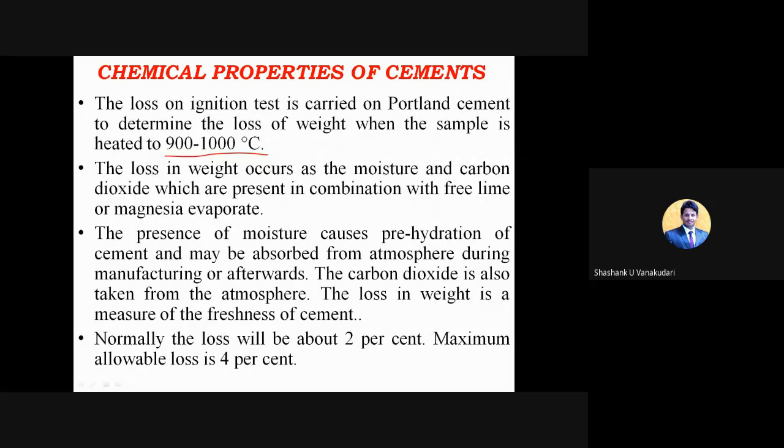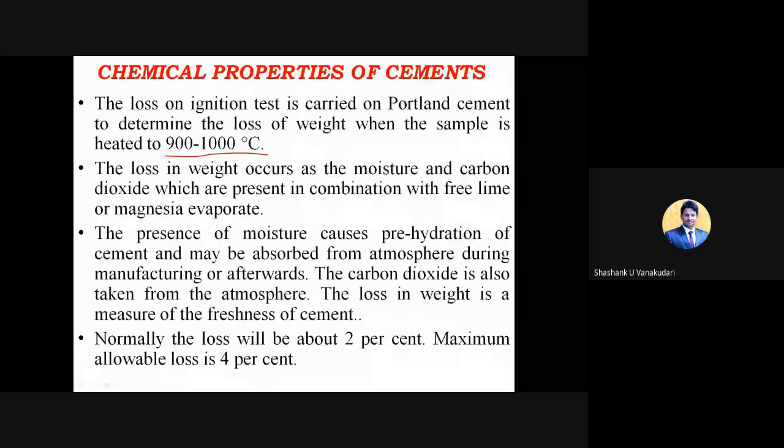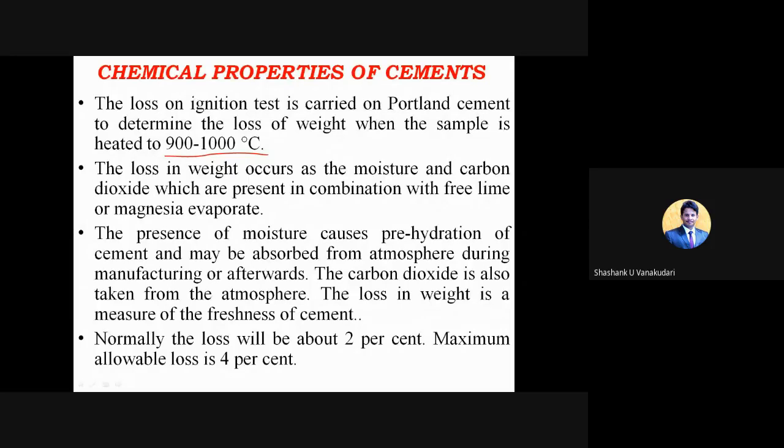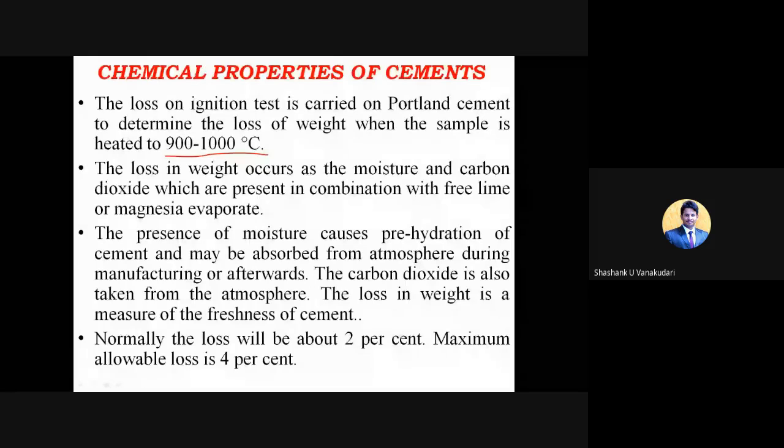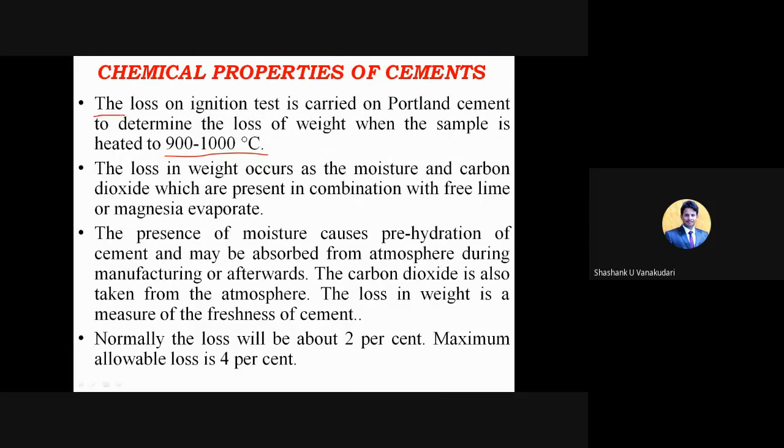Once you provide a certain amount of heat, like 900 to 1000 degrees Celsius, how much percentage of the raw materials gets wasted, right? That is in the formation of the chemicals. Only the proper proportion of the cement will mix up and the remaining will get burnt off. Okay. That is how much percentage of chemicals gets lost during the ignition test.